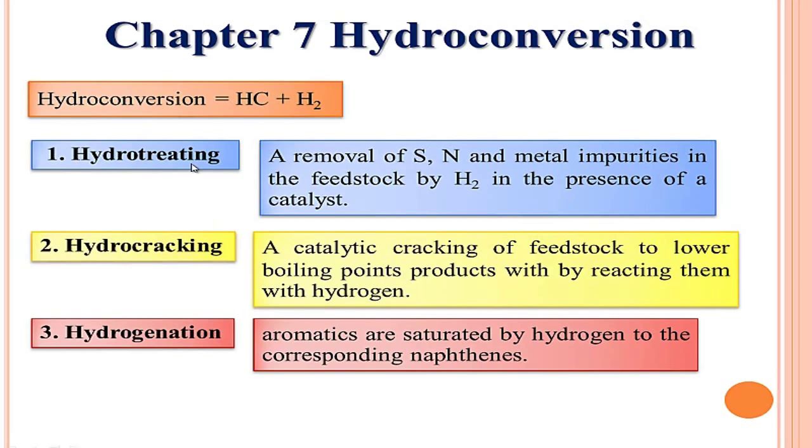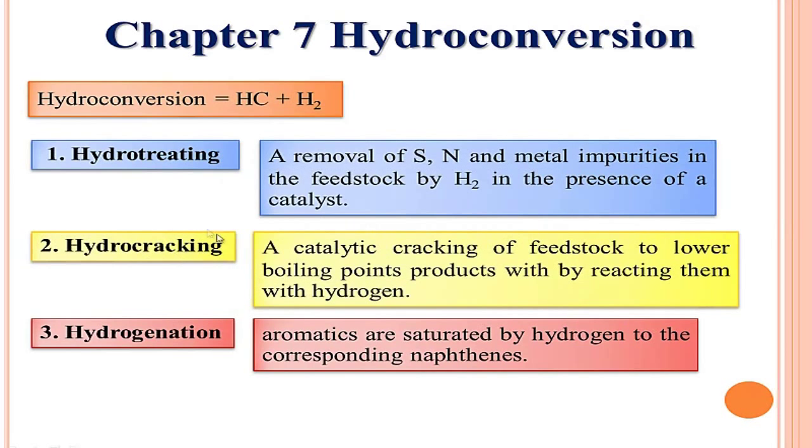The first one is hydrotreating. It is about the way to remove impurity, including sulphur, nitrogen, oxygen, and metal traces by reacting those impurities with hydrogen.